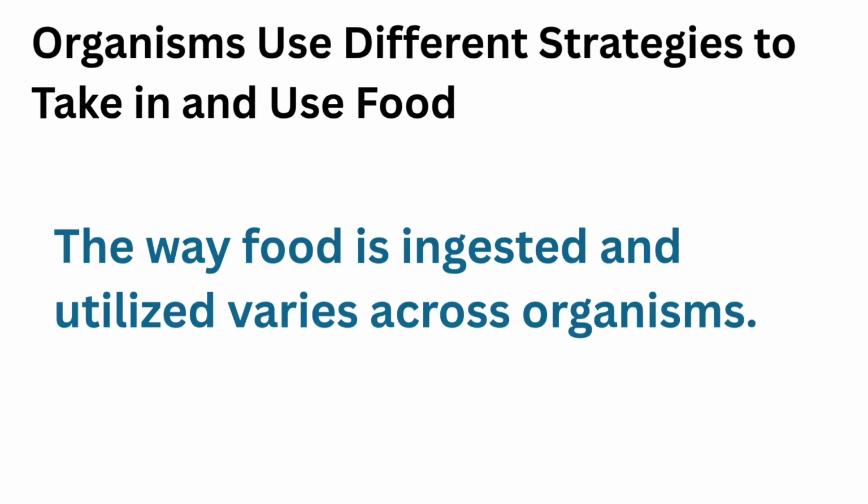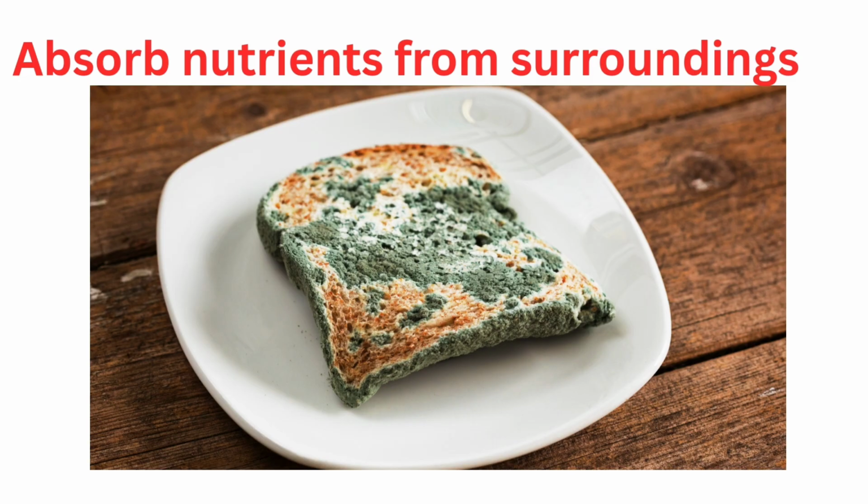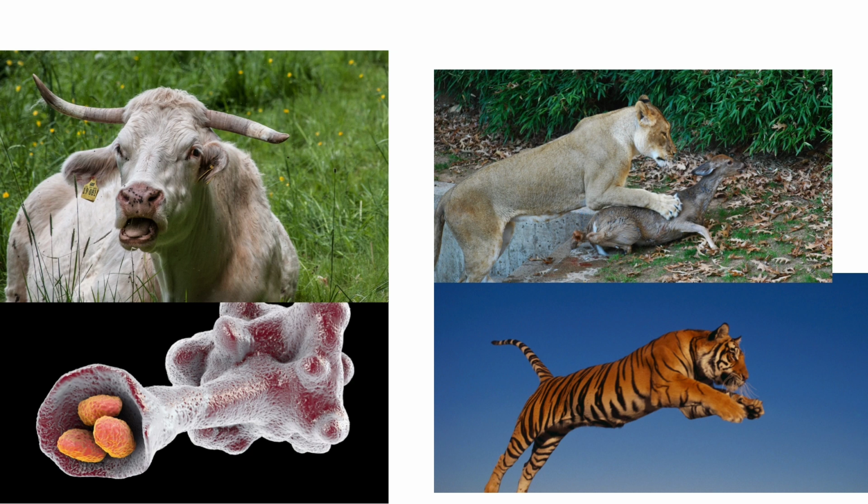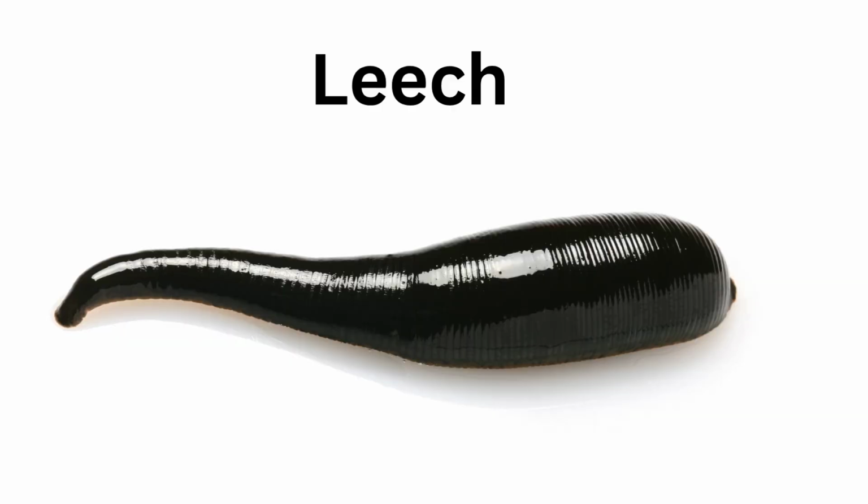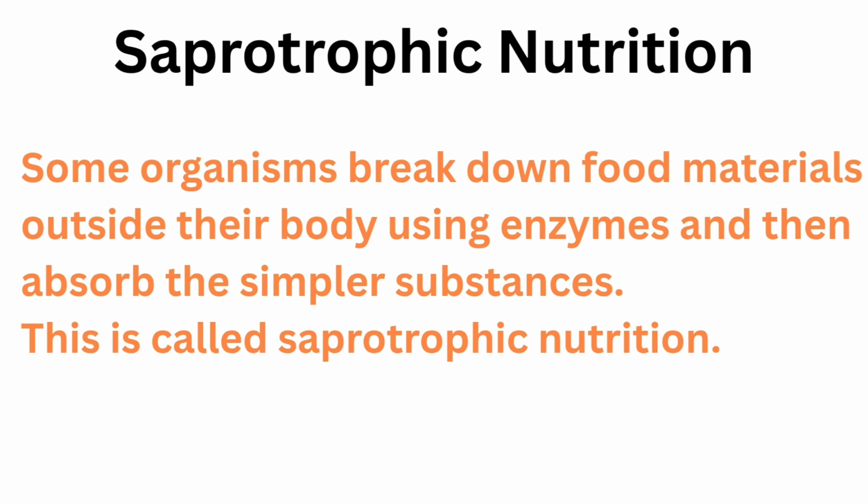There is a wide range of strategies by which organisms take in and use their food. Some simply absorb nutrients from their surroundings, while others actively hunt or consume solid food. And this leads us to the different types of heterotrophic nutrition based on how the food is taken in and processed.